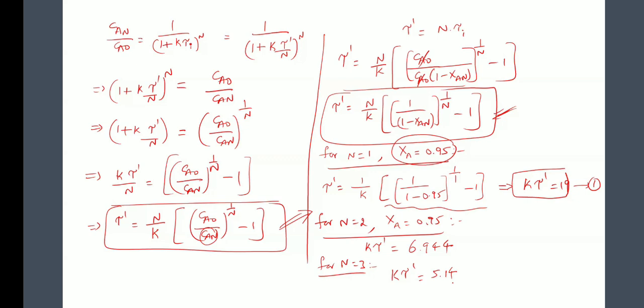By taking n for first, if you have only one single CSTR, by taking conversion as 0.95, you got the value of k tau dash as 19. Similarly, for two CSTRs in series, you got k tau dash value as 6.944. Similarly, if you have three CSTRs in series, you got k tau dash as 5.14. Okay, so now let's take the fourth reactor.